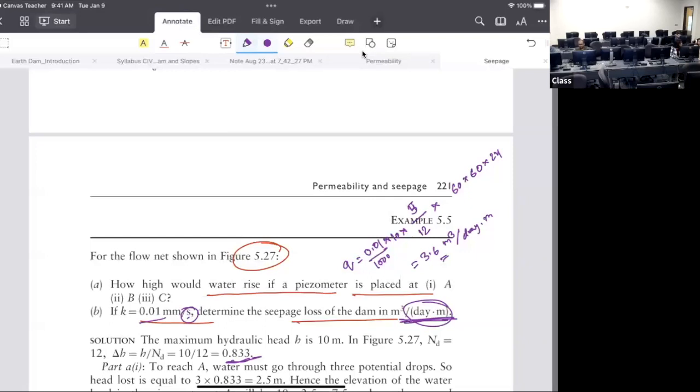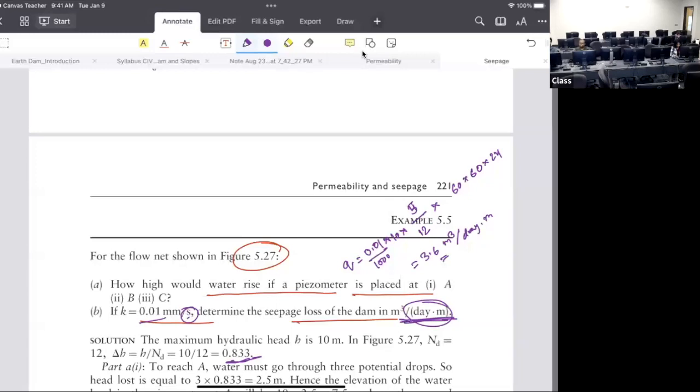So let's say 3 miles is 5 kilometer, so 5,000 meter. So 950 multiplied by 5,000 is 47 lakh 50,000 gallon of water you are losing. So high.